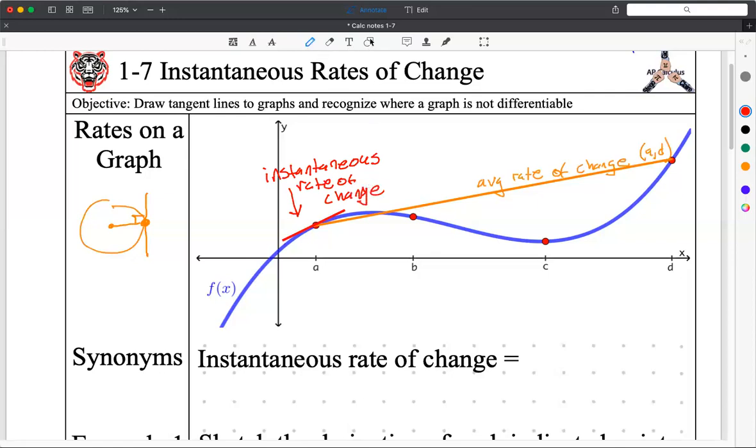Try drawing your instantaneous rate of change, at least the line that represents that, for each of these other points. So I'm gonna have a point that goes like this. It has to match that slope, right about there. And then I have one that's right about there, and one that looks like that. It's kind of hard to see that one, especially for me.